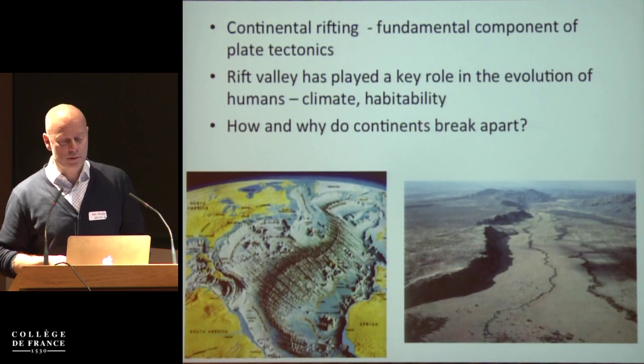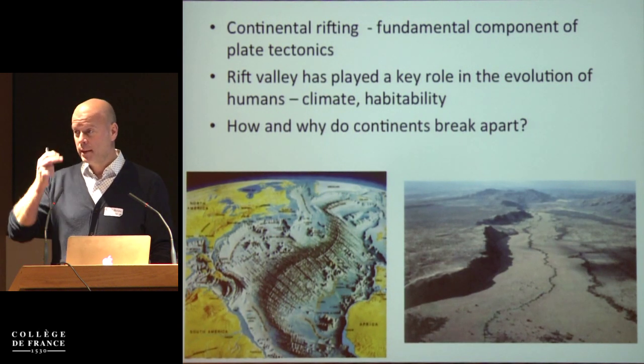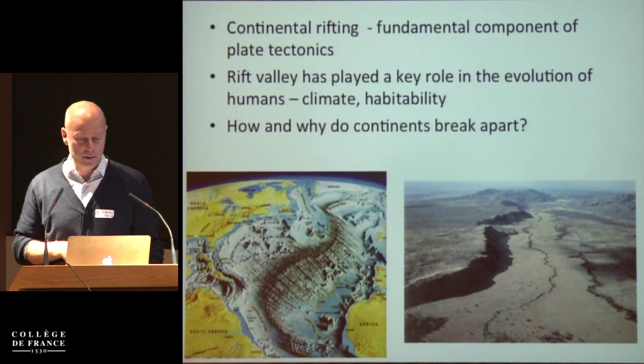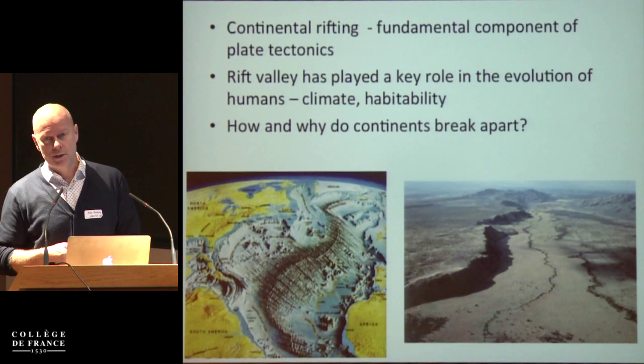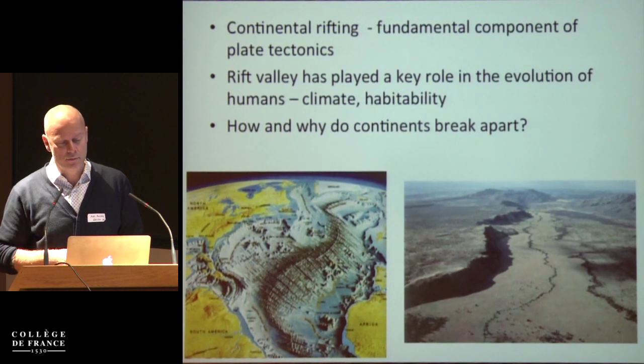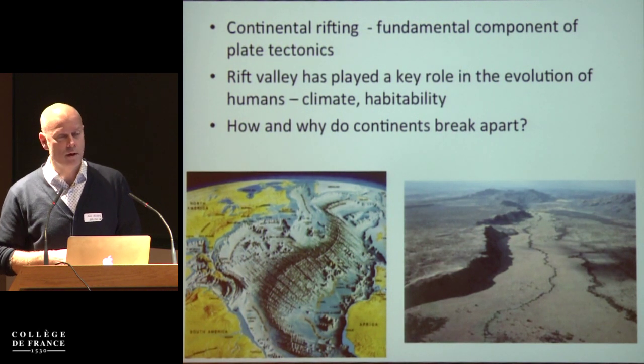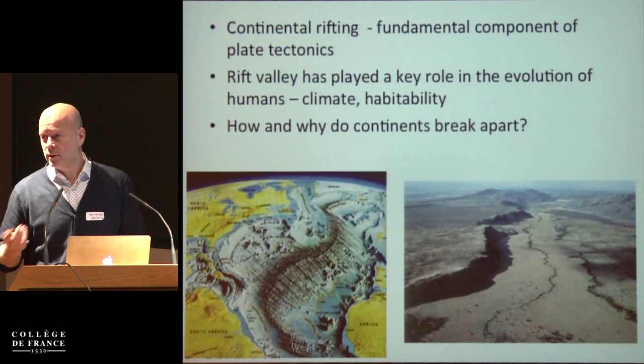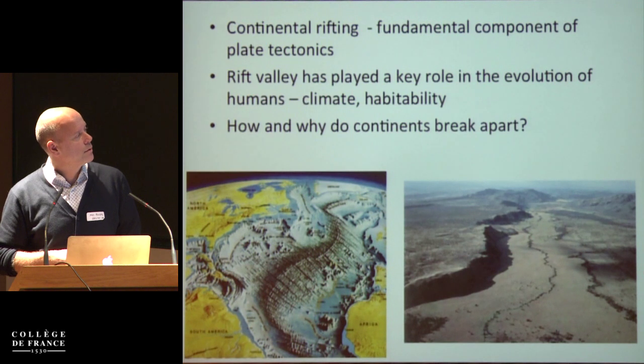Continental rifting is a really fundamental component of plate tectonics. It shapes the planet that we live on. And actually, rift valleys have played a key role in the evolution of life on the planet. Once you start getting elevation, you get microclimates, you get rainfall, and it's easier to grow crops.